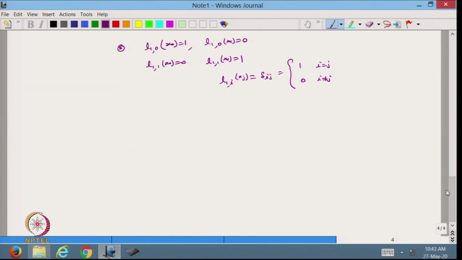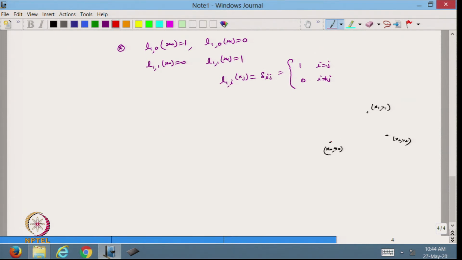So, we have defined this only for 2 points. Similarly, suppose I have 3 points given to me, 1 point is here, 1 point is here, and 1 point is here. So, this is my x0, y0 and x2, y2. So, only 3 points are given to me.